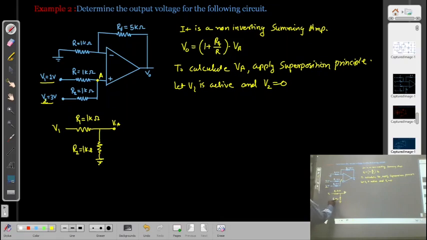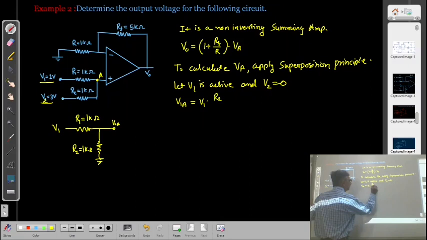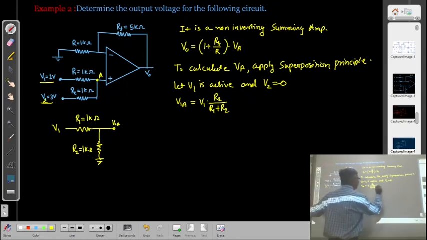So, in the potential divider circuit, you can find out V1A is equal to the voltage across R2, and here the voltage is V1, so V1 into R2 divided by R1 plus R2. Correct? And V1 is given as 1 volt.